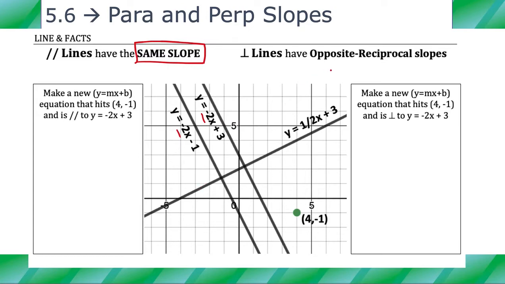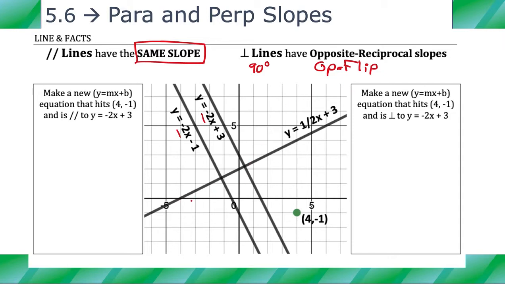If you want to be perpendicular, that's what this symbol is. Upside down T means perpendicular. Perpendicular lines, also known as 90 degrees, have opposite reciprocal slopes. Sometimes I refer to them as the opposite flip. Opposite means positive or negative, and flip means it's literally flipped upside down.